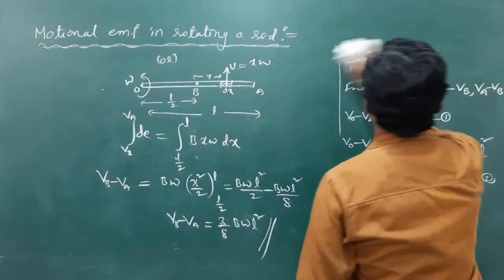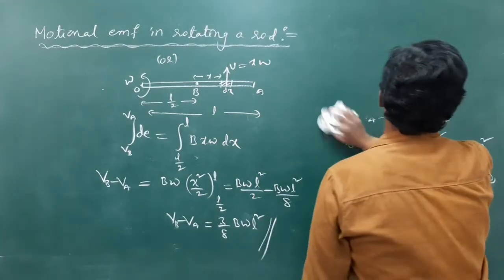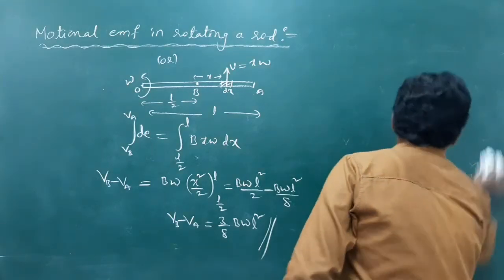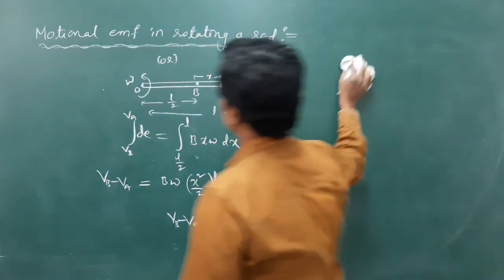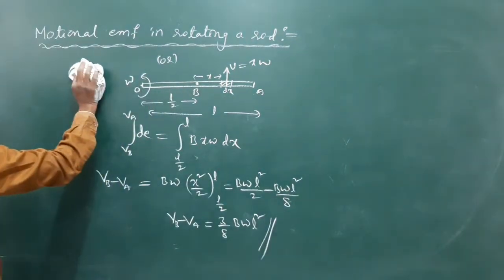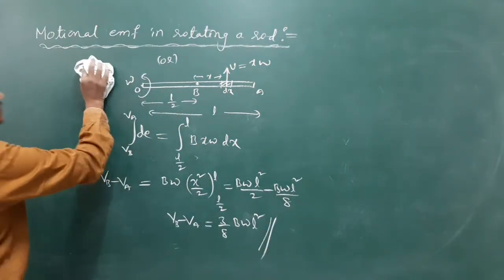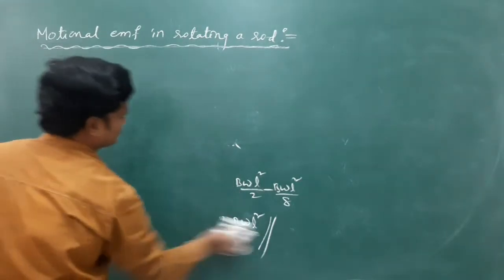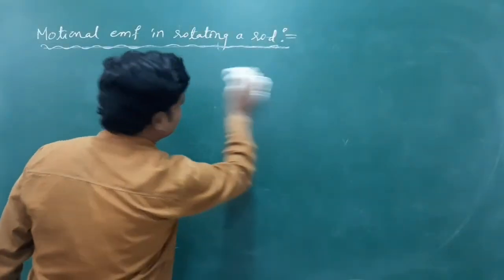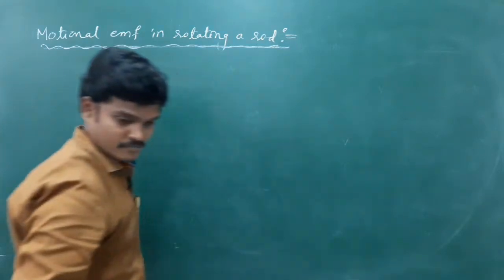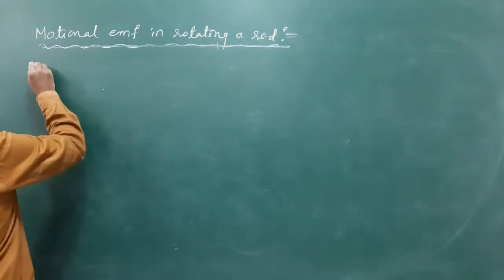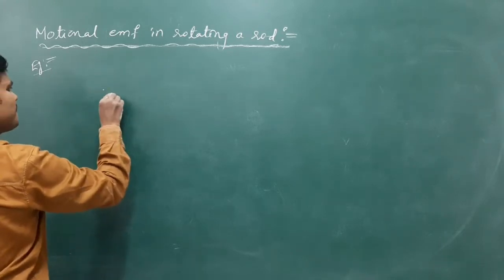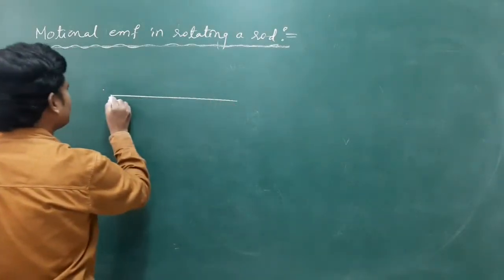Now same problem, but the rod rotates about its center. Okay, see the next example. You try this one. Now see the next one. See, again L is the length of the rod.